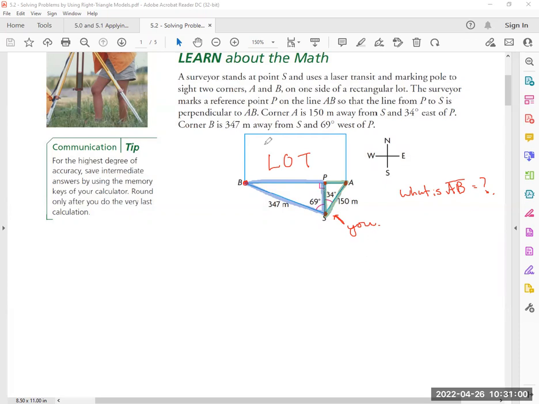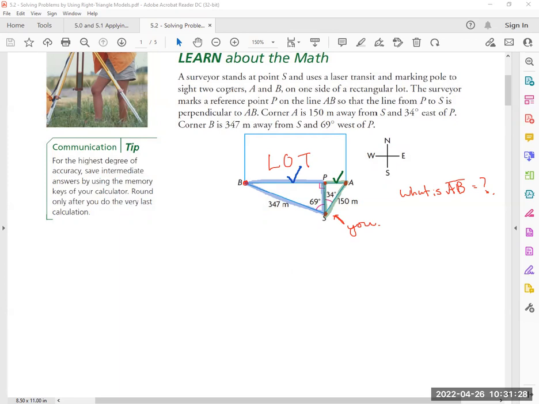There are two right-angled triangles. If I can calculate this side right here using my SOHCAHTOA, then the blue check mark plus the green check mark, there's my length. So there's always a method to the madness. There's always a way. Just got to think about it a little bit.